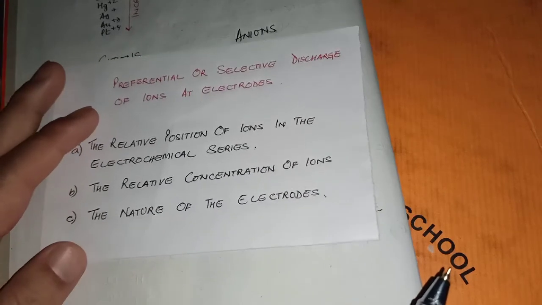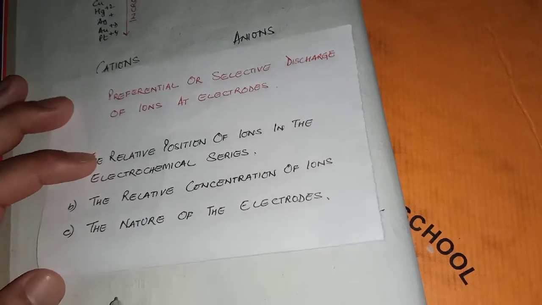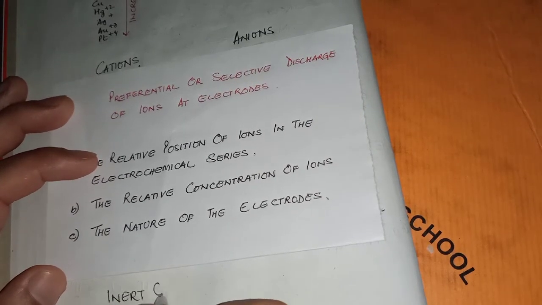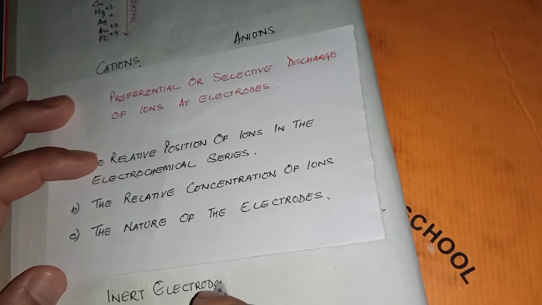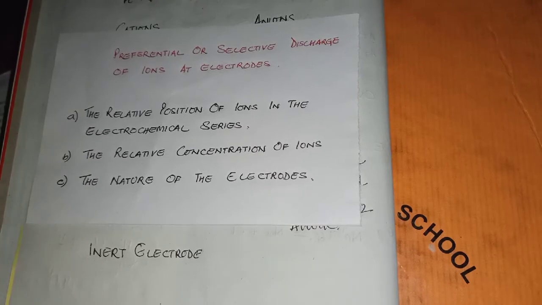So there are two types of electrodes according to their nature, and they are inert electrodes. Inert electrodes means the electrodes which do not take part in electrochemical reaction. They do not undergo any type of reaction during the electrolysis process.